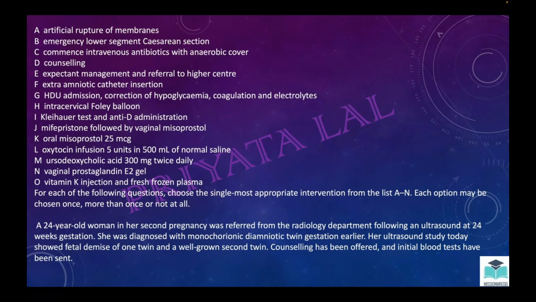A 24-year-old woman in her second pregnancy, from the radiology department, at 24 weeks gestation, diagnosed with MCDA. Ultrasound shows demise of one twin and another well grown twin. Counseling has been offered, initial blood test has been sent. What should be the answer?